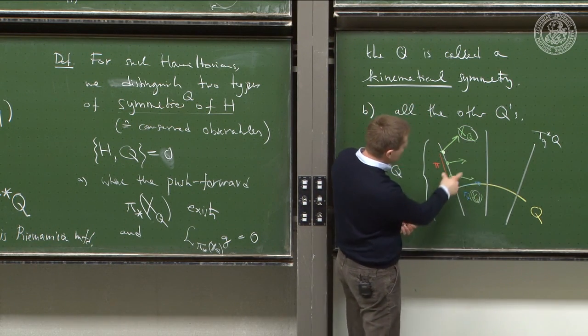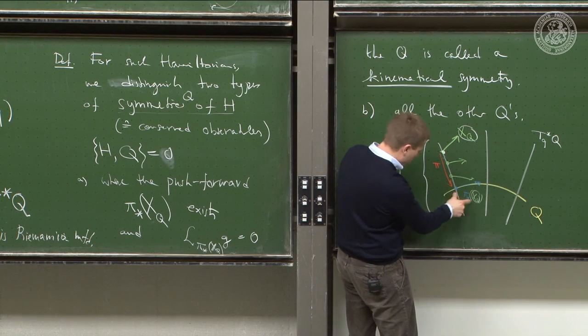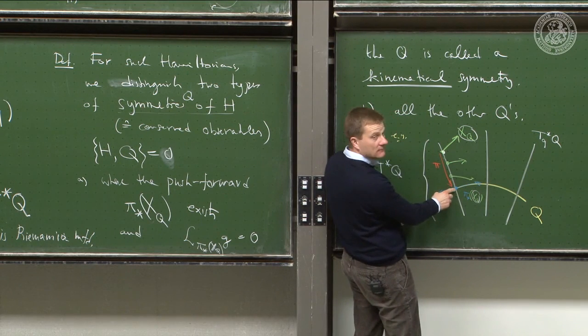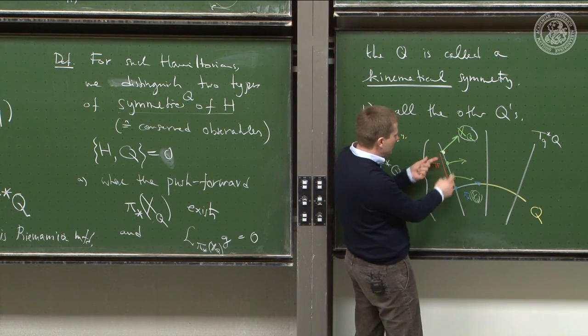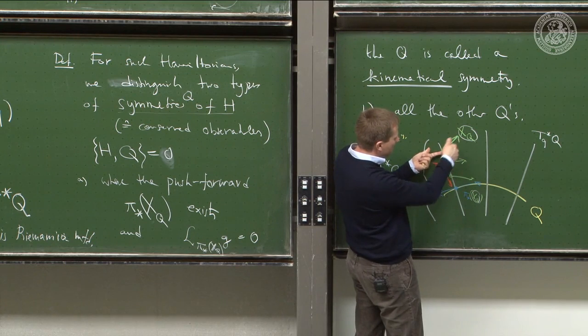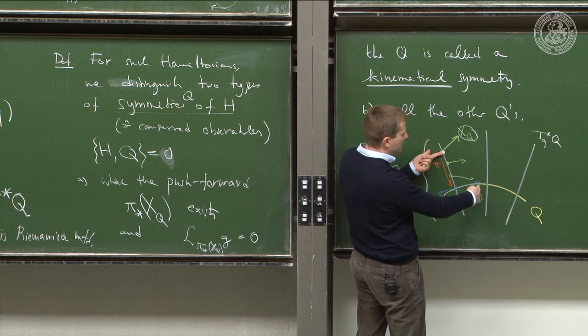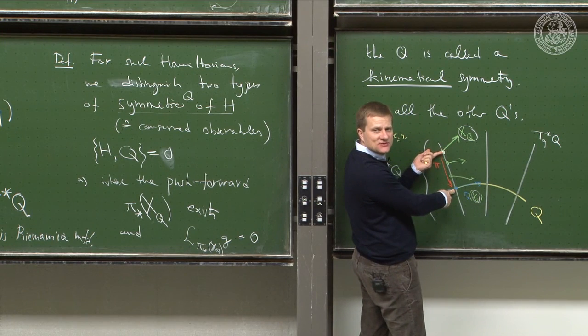But what happens if this here is pushed forward to this tangent space at this point, but to a different vector, say to this one? Then you don't produce a well-defined vector field here because you have multiple images. That can happen. Okay, we discussed this before.